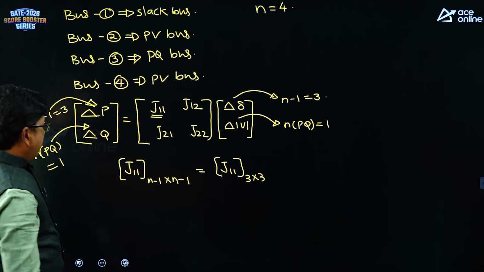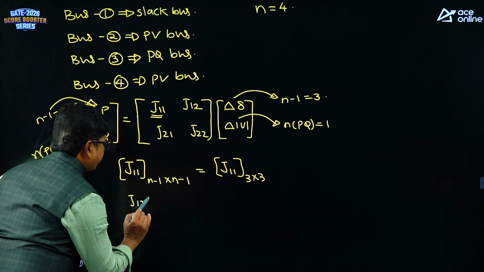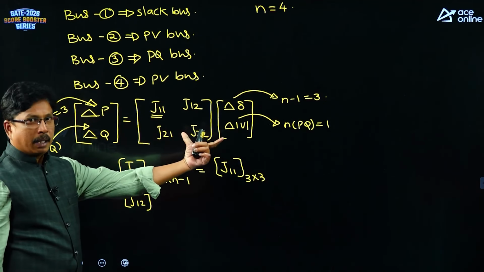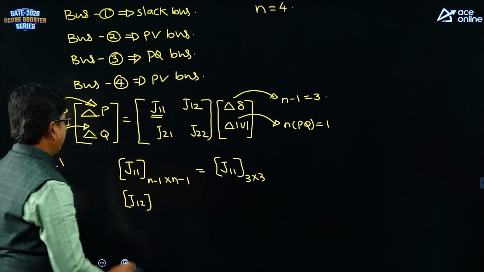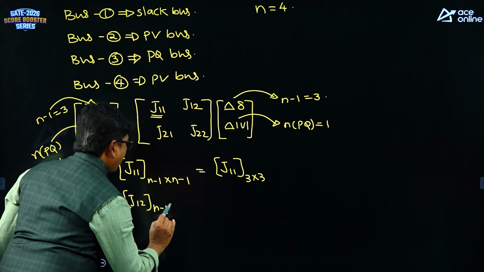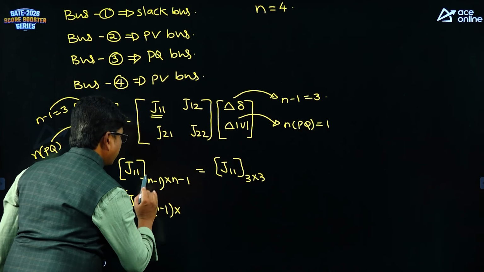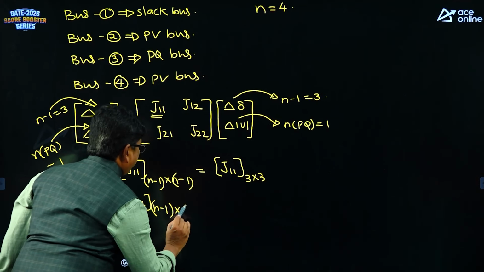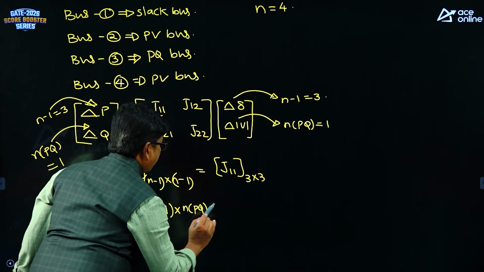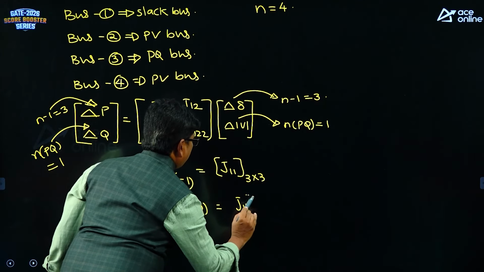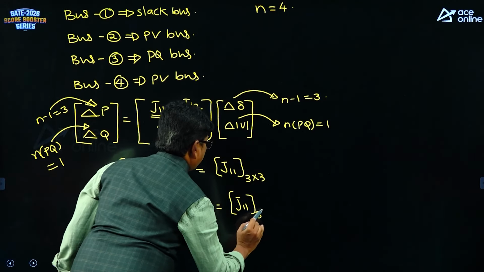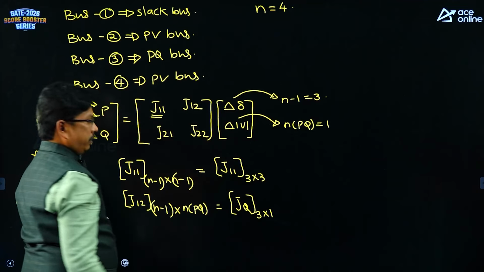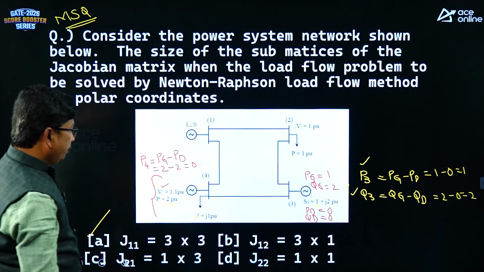Next one, J12. It is mapping del P with del mod V. Del P is N minus 1 cross del mod V, number of PQ buses. So J12 is 3 cross 1.